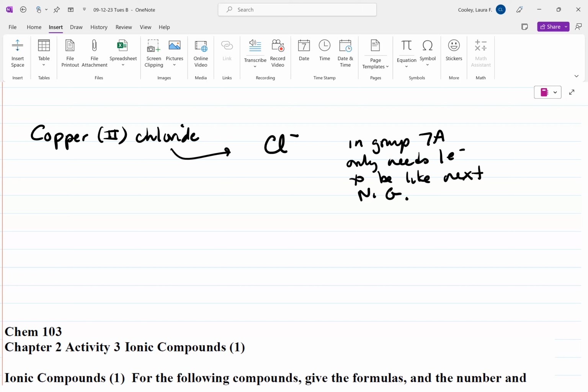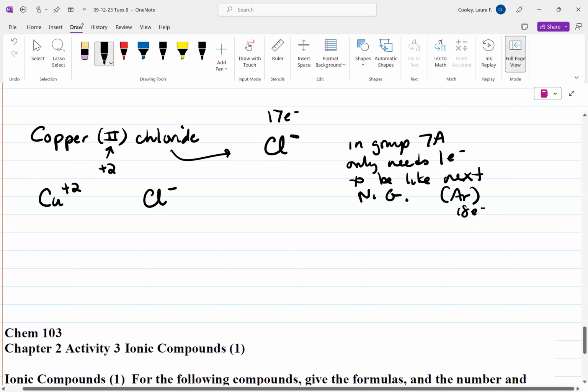And the next noble gas would be argon. 17 electrons in chloride, 18 here, so you just need 1, so it's -1. Copper 2, the fact that it has a 2 here tells you the charge on that ion is +2. So we have a Cu +2 and a Cl minus.